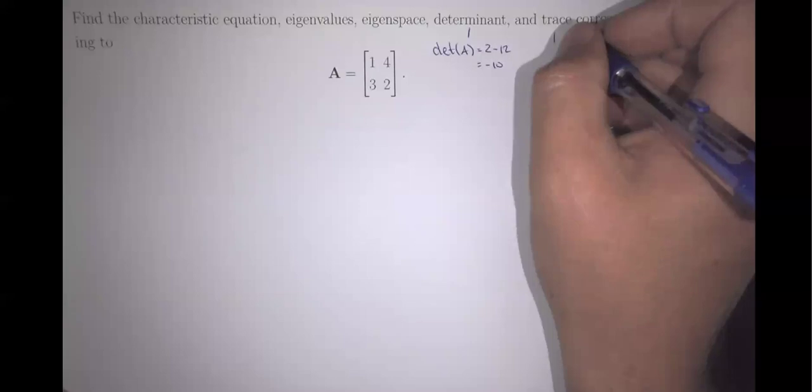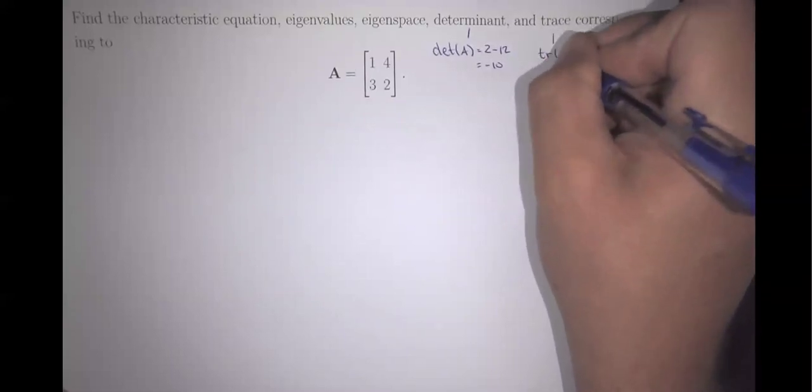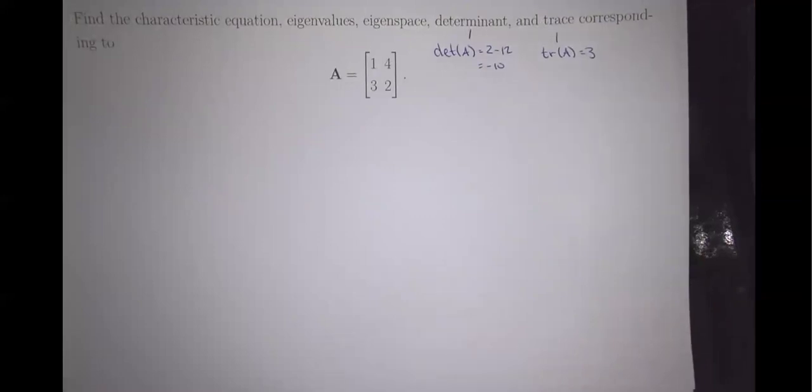For the trace, we have the trace of A is 1 plus 2 is 3. Okay, so those two are taken care of. Let's find the characteristic equation and the eigenvalues and eigenvectors.